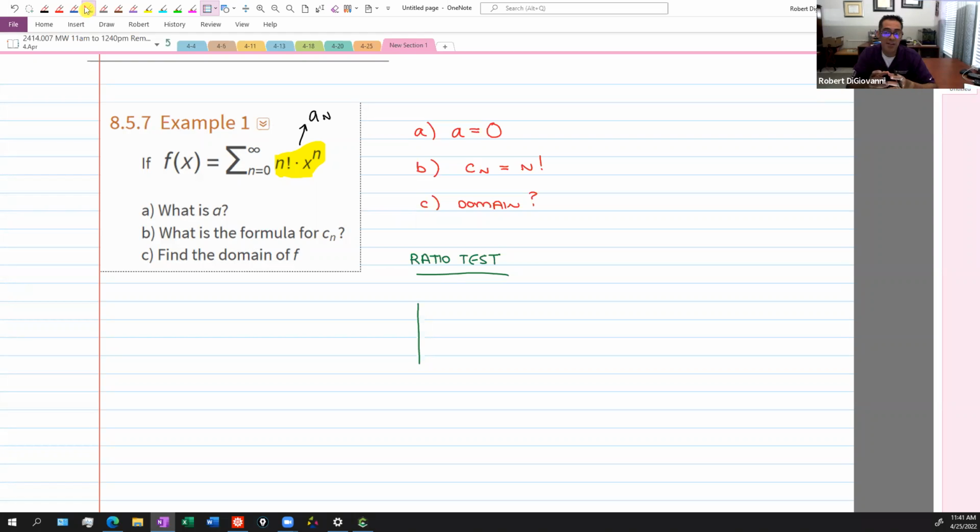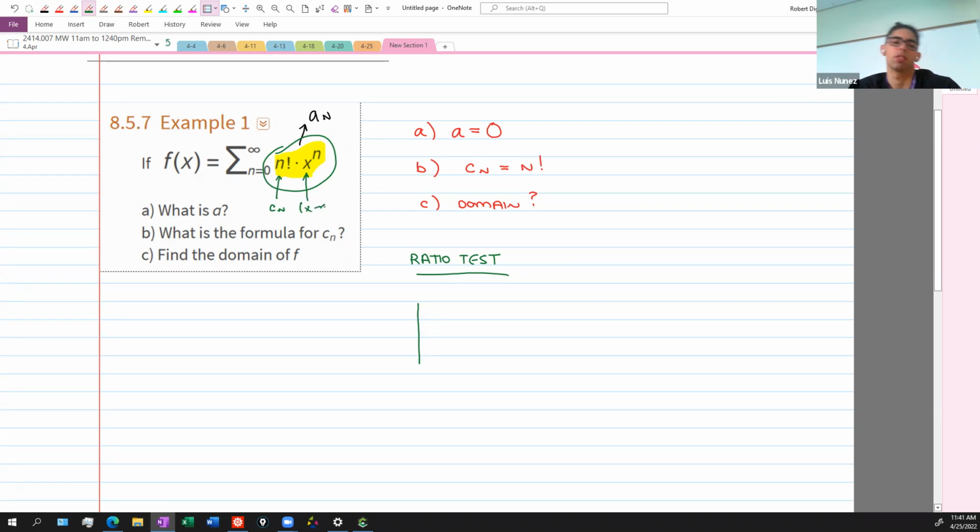The ratio test says, if you have a series, take everything in the series, evaluate it at n plus 1, divide by the series evaluated at n, look at the absolute value of that ratio and hope it's less than 1. In terms of a power series, we call this part c sub n, and this part here is the x minus a to the n.